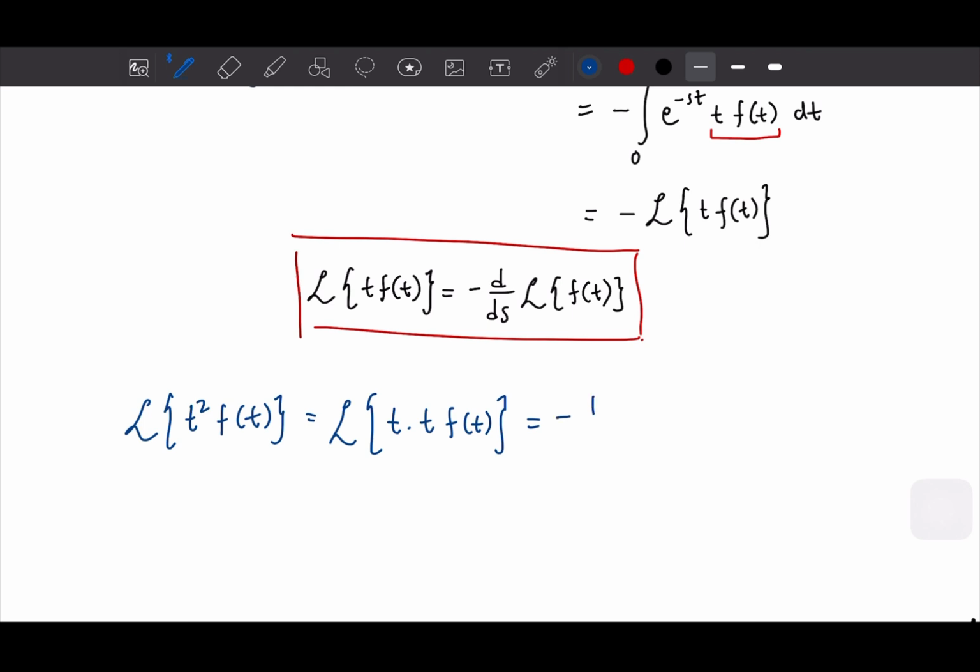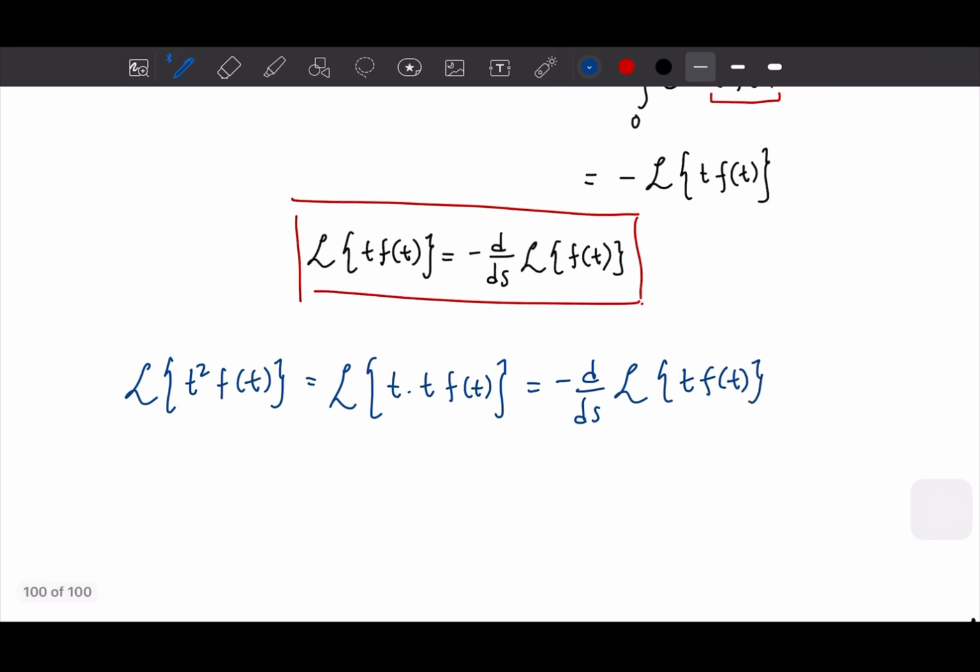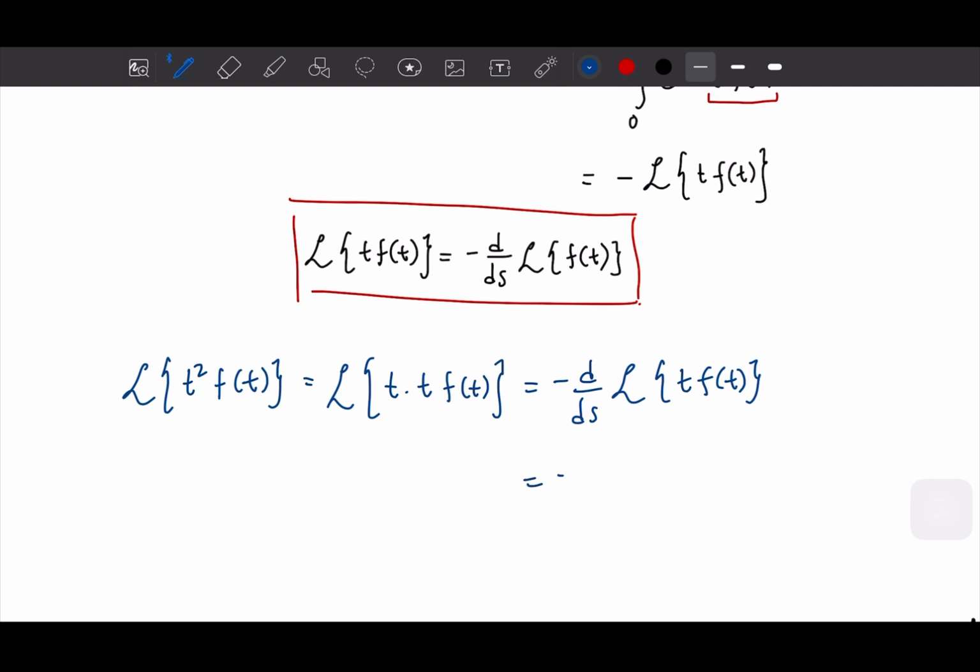So this will be negative d/ds of the Laplace of t f(t), and then you could take this negative d/ds of the Laplace.